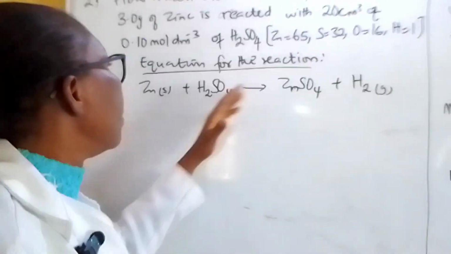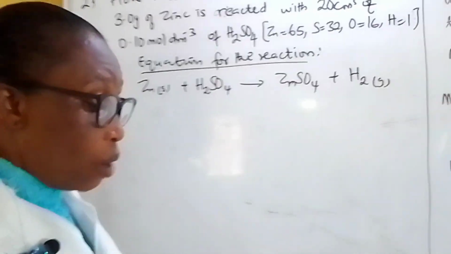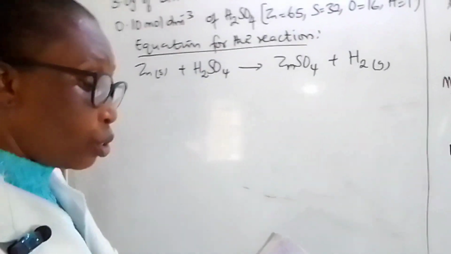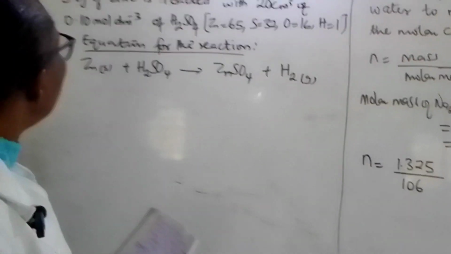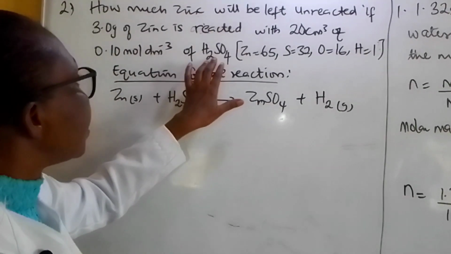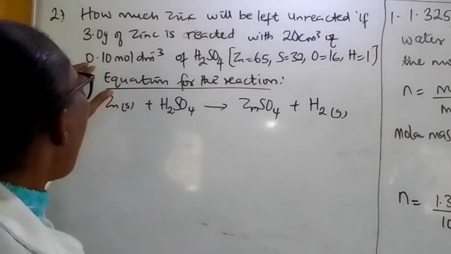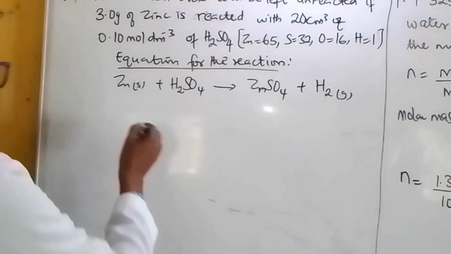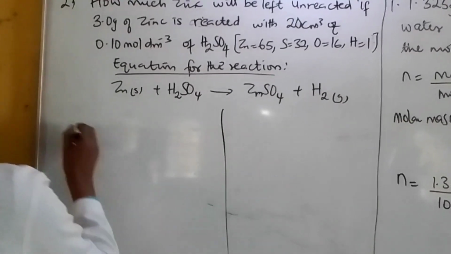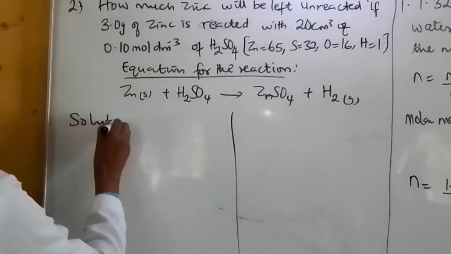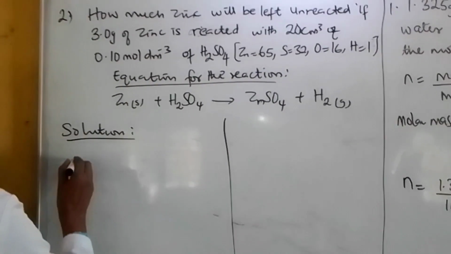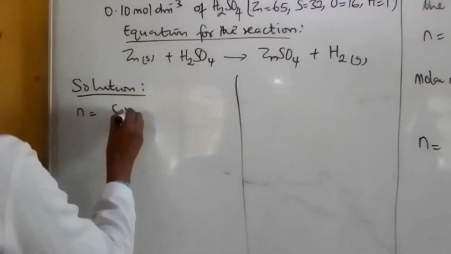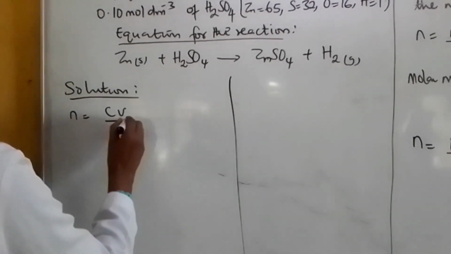Now, here we have been given the equation for the reaction. How do we start? We start by determining the number of moles of tetraoxosulfate 6 acid in 20 cm cube of 0.10 mole per dm cube. That's the first thing we do. So we say, solution, where we have n is CV over 1000.